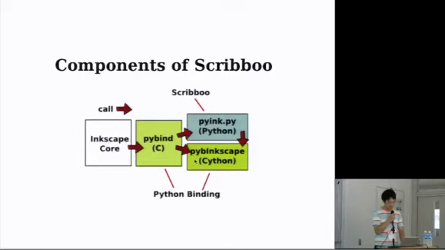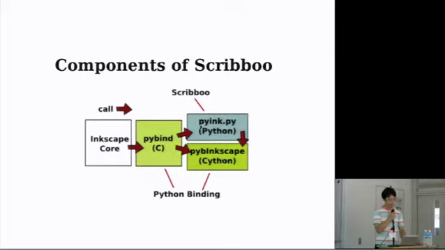And the pyb Inkscape is a Python binding module written in Cython. We will talk about Cython later. It is written in syntax very close to Python, but it was translated to native code.